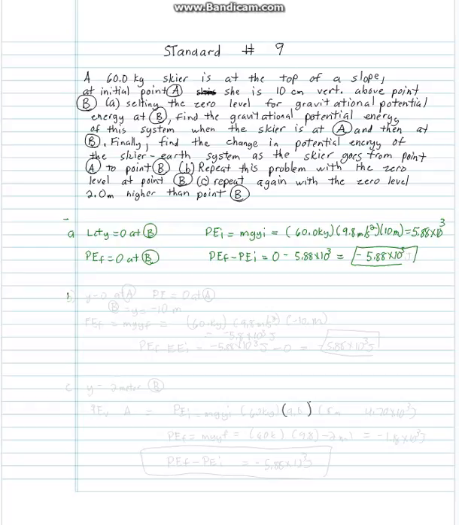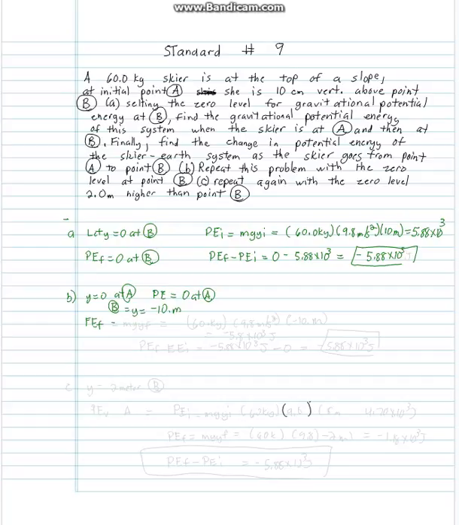For part B, we're going to repeat the problem, and now Y is equal to 0 at A, so the potential energy is going to be 0 at A. Find the potential energy final. We might as well note that point B is now Y equals negative 10 meters.